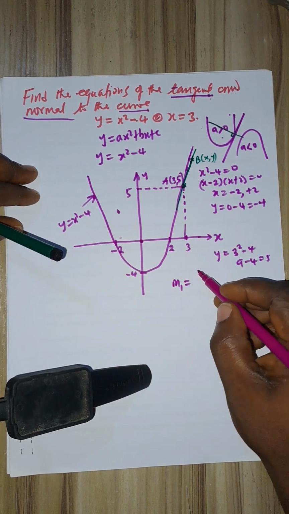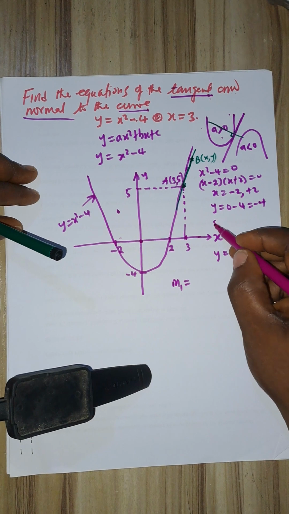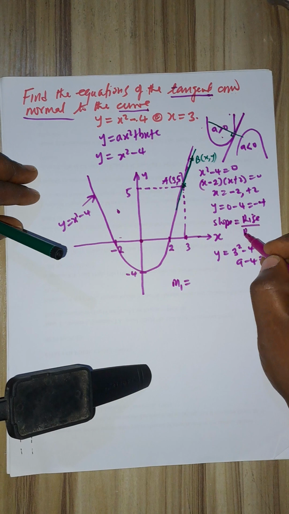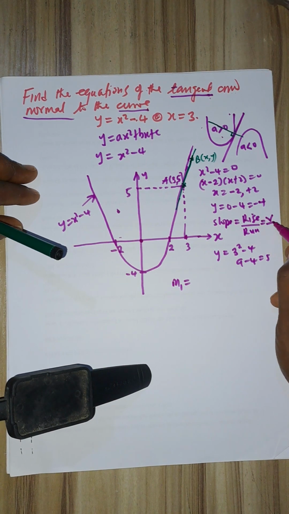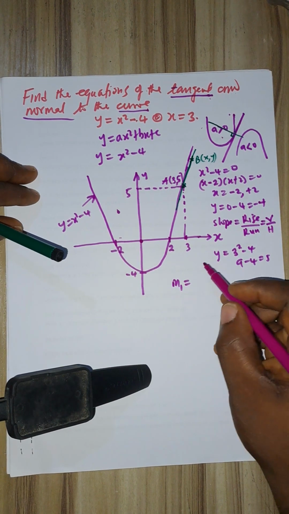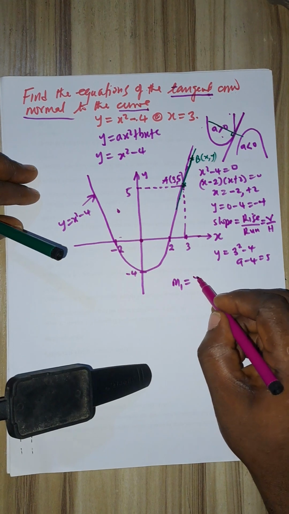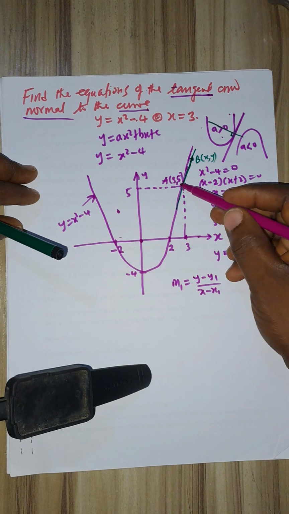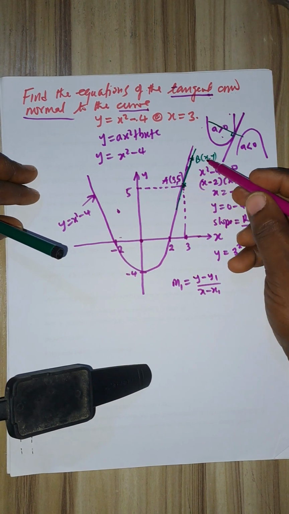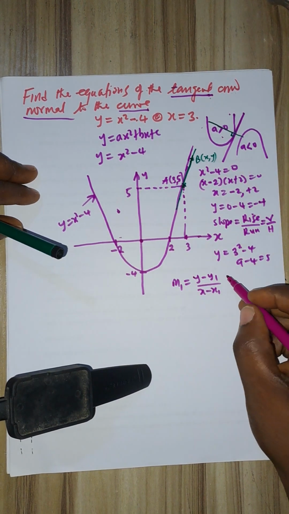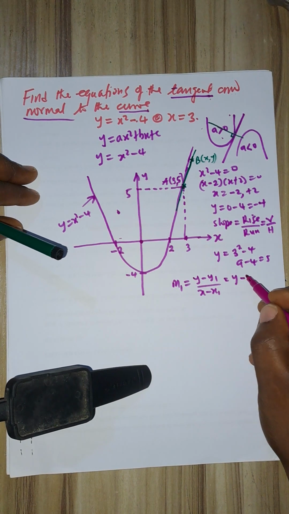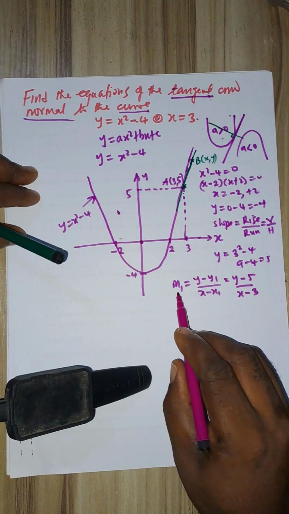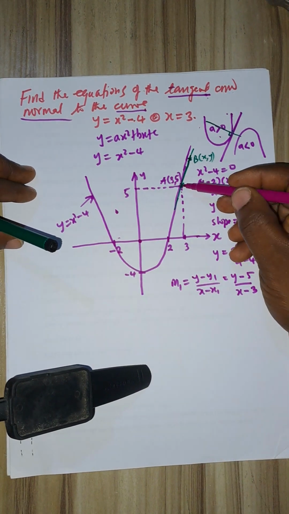Gradient or slope is rise over run, which is vertical over horizontal, which is y minus y1 over x minus x1. So we call here x1 y1, and here xy, and that will give us y minus 5 over x minus 3.